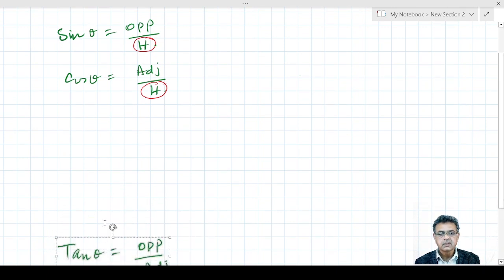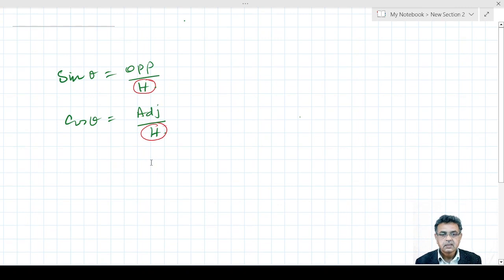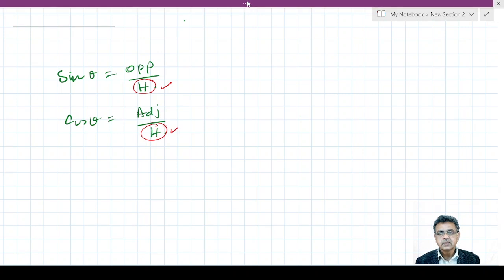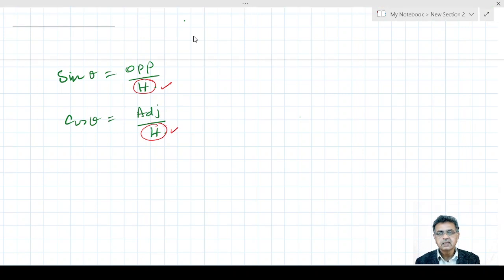This hypotenuse is common in sine theta and cos theta. So what is the difference, and how can you remember them?